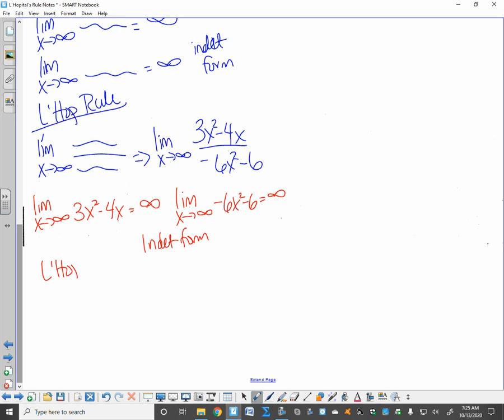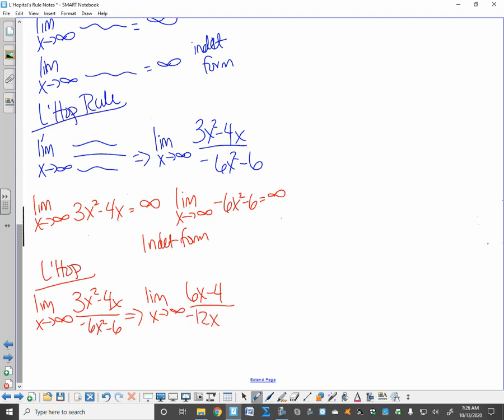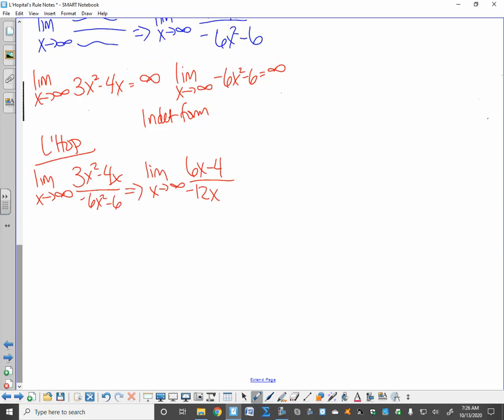So by the power of L'Hopital's rule, the limit as x approaches infinity of the problem that I currently have becomes, let's see, 6x minus 4 over negative 12x. And when you plug infinity into those, guess what happens? You still get infinity over infinity.